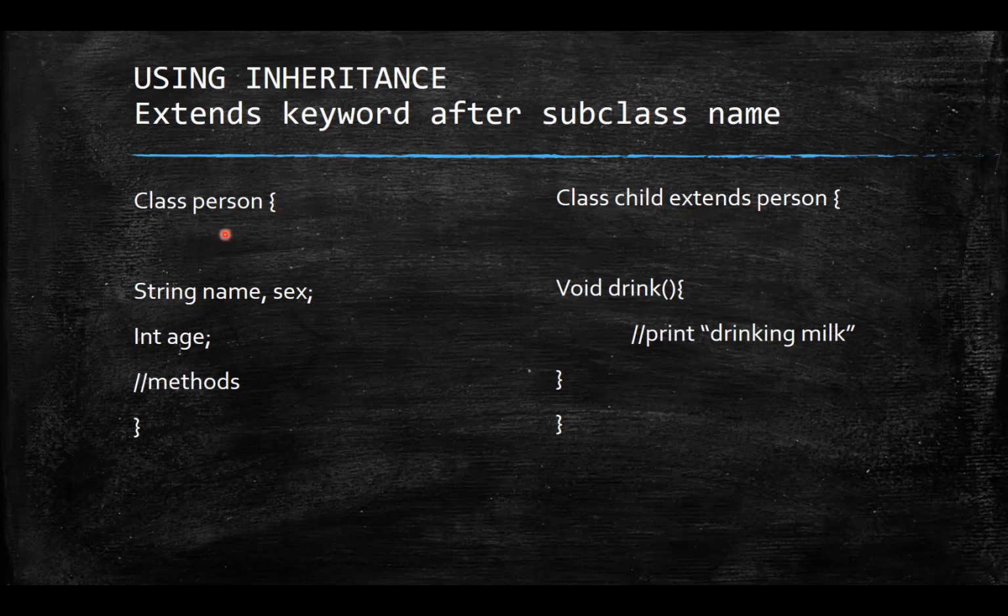So Person, its parent, has the variables string name, sex, and age. But the parent cannot get the method to drink milk. Why? Because it's the superclass.